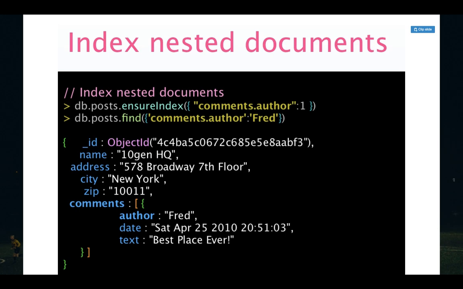This is how we index on MongoDB, using the keyword ensureIndex. Inside that, we need to pass what attribute or object you want to index. Here, we want to index our comments.author.